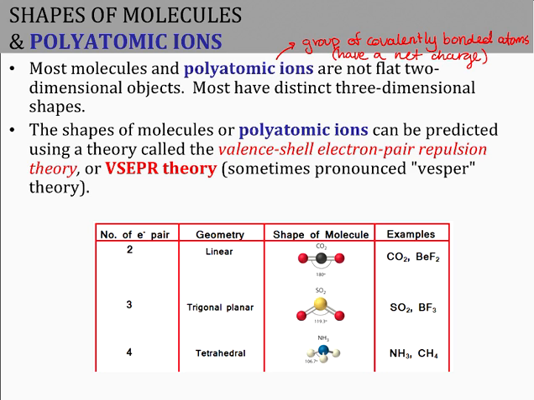And the main idea behind this theory is that pairs of electrons want to be as far away from each other as possible. Or another way to think of that is atoms with surrounding electrons want to be as far away from each other as possible within a molecule.